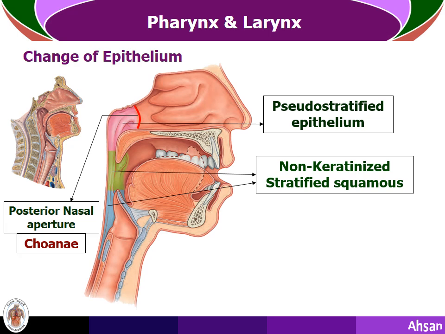Close to the opening of the larynx, the epithelium of the epiglottis, laryngeal and lingual aspects, as well as over the vocal and vestibular folds, is non-keratinized stratified squamous epithelium. The rest of the larynx is lined by respiratory epithelium, pseudo-stratified ciliated epithelium.